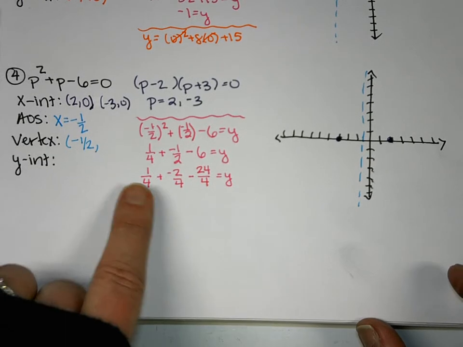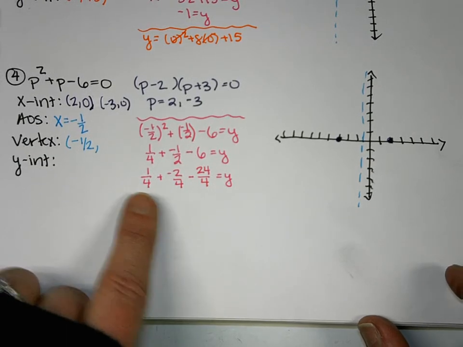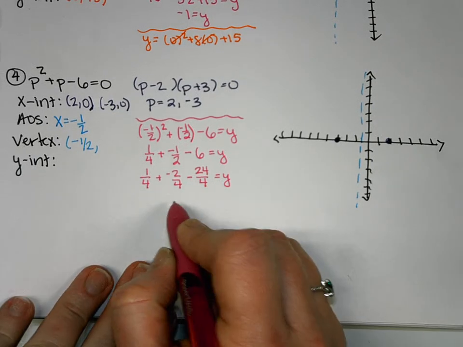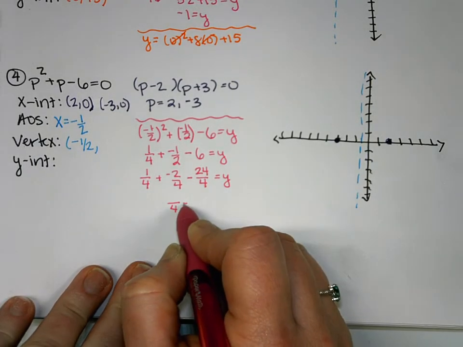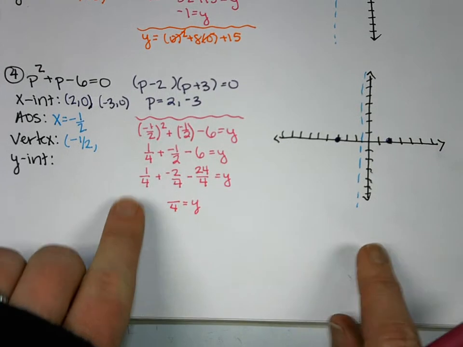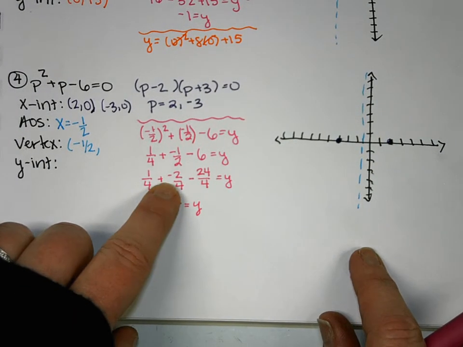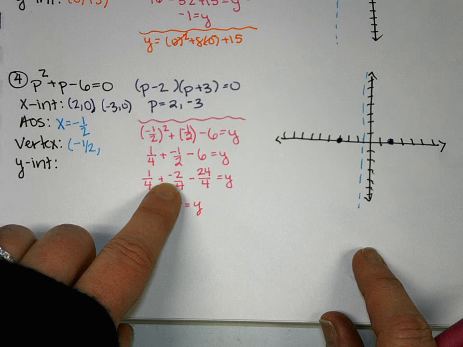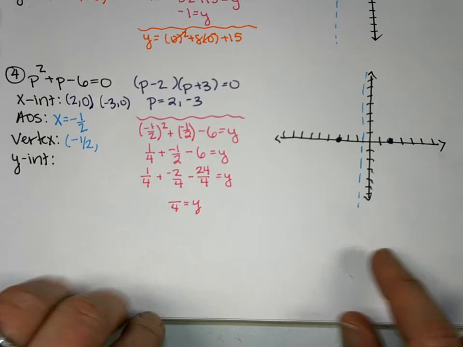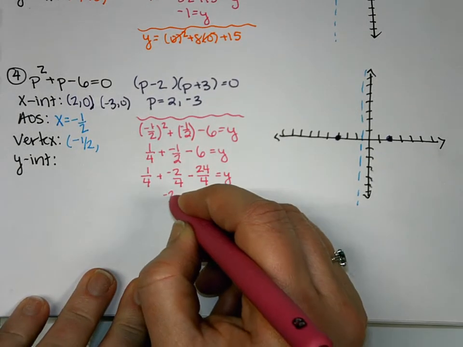So all we have to do now is add the tops, because the bottom's going to be a 4. So 1 minus 2, that's negative 1, and negative 1 minus 24 will give us negative 25.